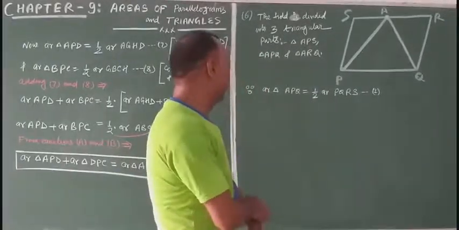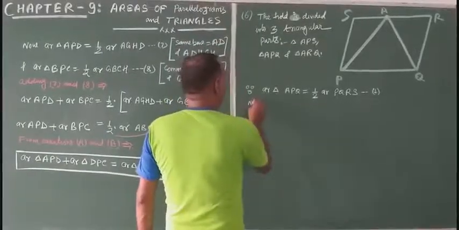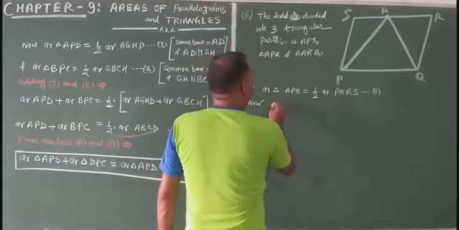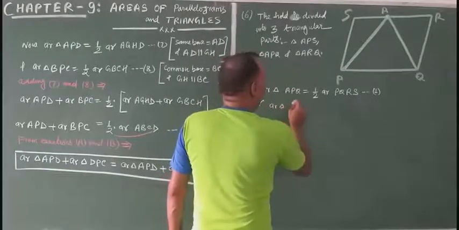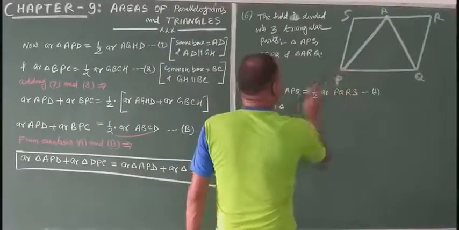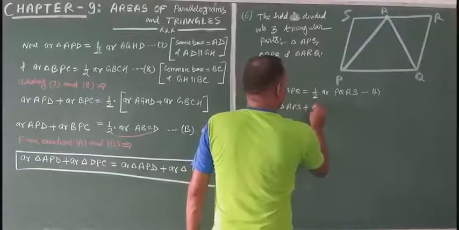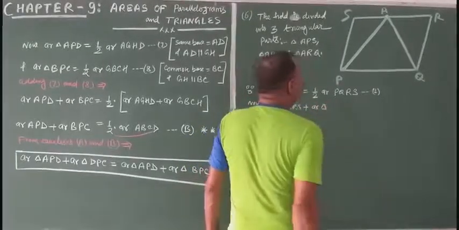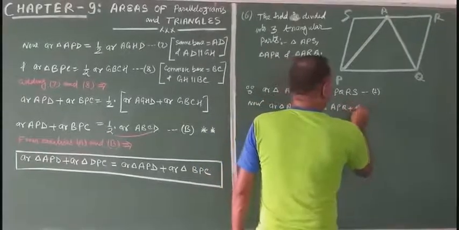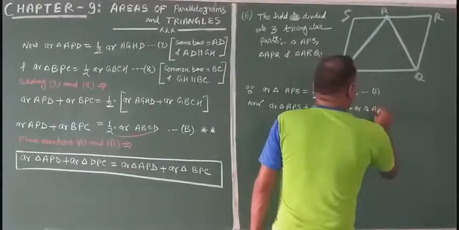Again, just look here. Now tell one more thing. Just look at these three parts. Area of triangular part APS plus area of triangular part APQ plus area of triangular part ARQ.